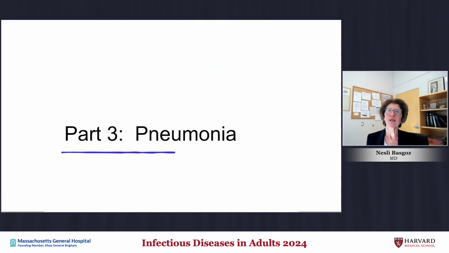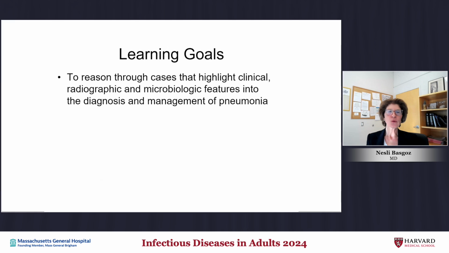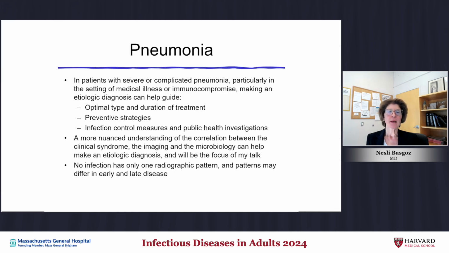I'm going to end now with pneumonia, and my goals here really are to reason through cases that highlight the clinical, radiographic, and microbiologic features in the diagnosis and management of pneumonia. In patients with severe or complicated pneumonia, particularly in the setting of medical illness or immunocompromise, making an etiologic diagnosis can help guide optimal treatment, preventive strategies, and infection control measures in the hospital and out of the hospital.